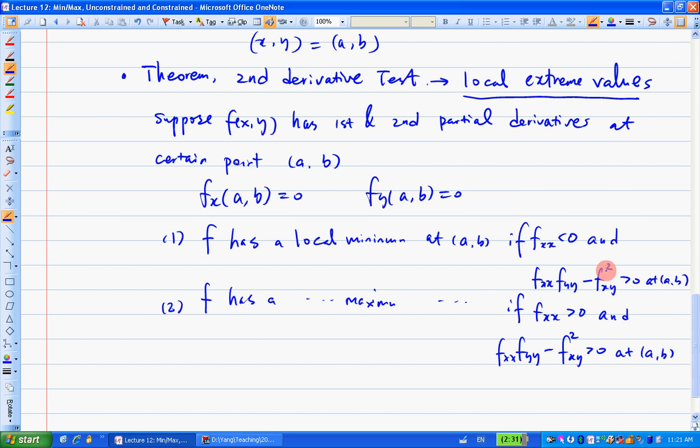Does that assume that fxy is the same as fyx? Yes, it will be continuous, so fxy will be the same as fyx.